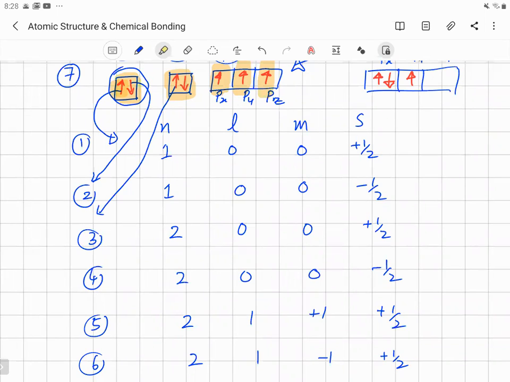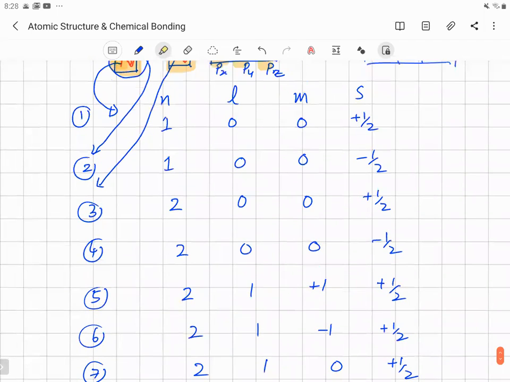Actually, the quantum numbers represent addresses, right? All the 7 electrons have these addresses, and you can see that these 7 have different sets of n, l, m, and s values.